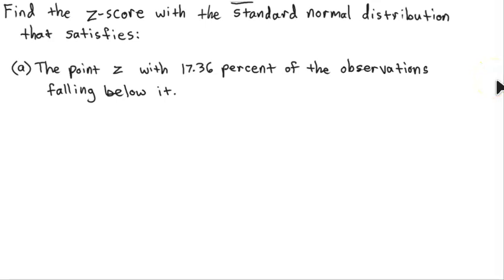All right, so what we're going to now do is look at some questions regarding the standard normal distribution, not just any normal distribution, but the standard normal distribution. Now, I want to remind you that the standard normal distribution has a mean of 0 and a standard deviation of 1.